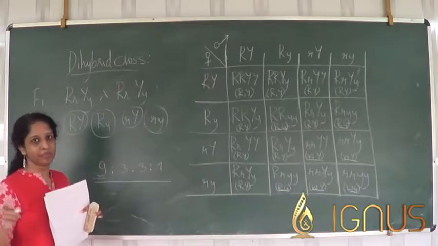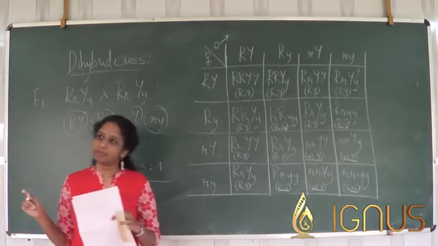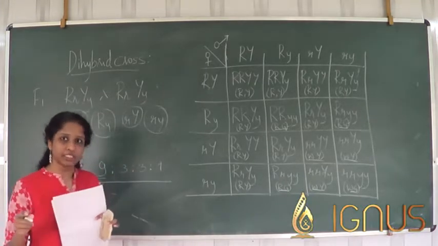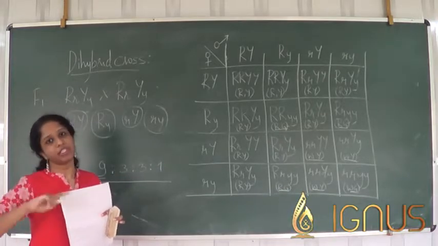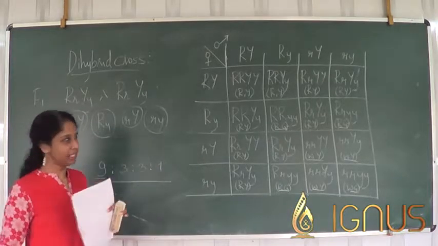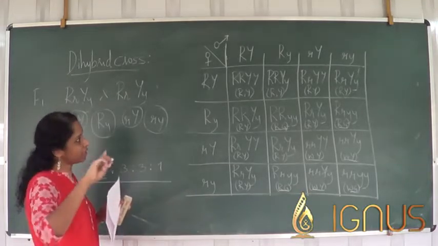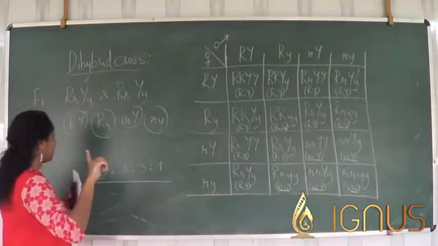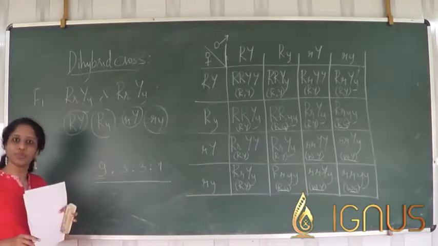The rest of them are all, the 9 of them, which will be the dominant, which is round and yellow. So phenotypically, if you go from F1 generation to F2 generation in a monohybrid cross, you have a 3:1 ratio phenotypically. But here it's a 16 square Punnett square, and in that you get a phenotypic ratio of 9:3:3:1.